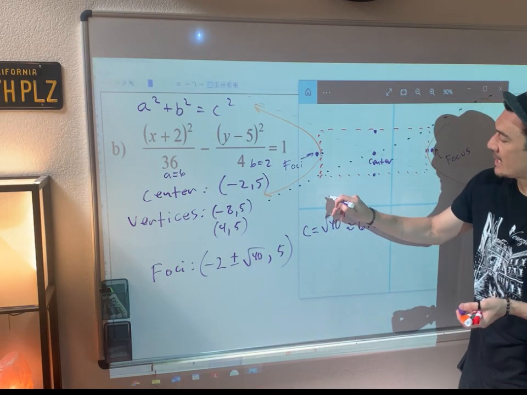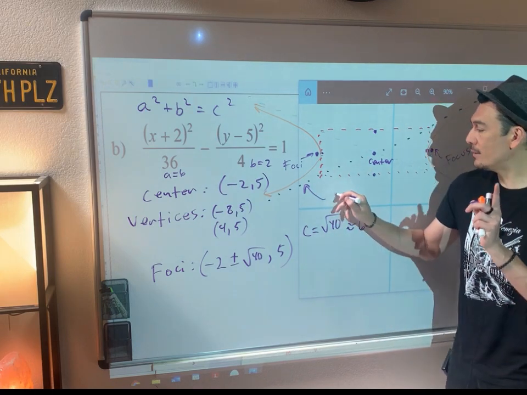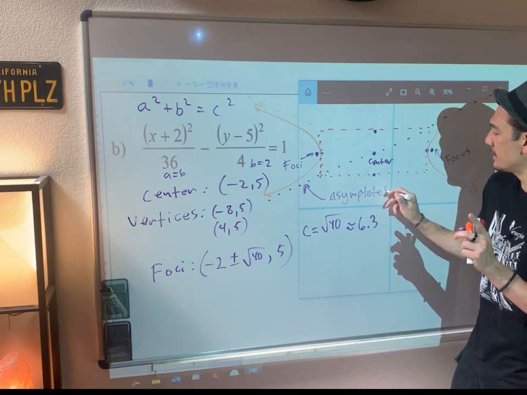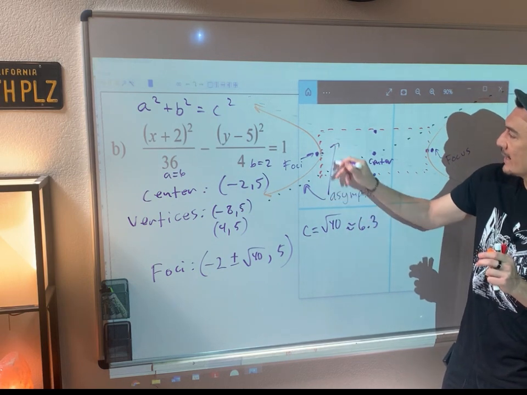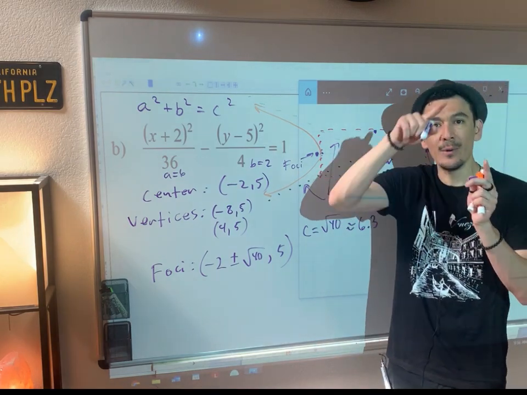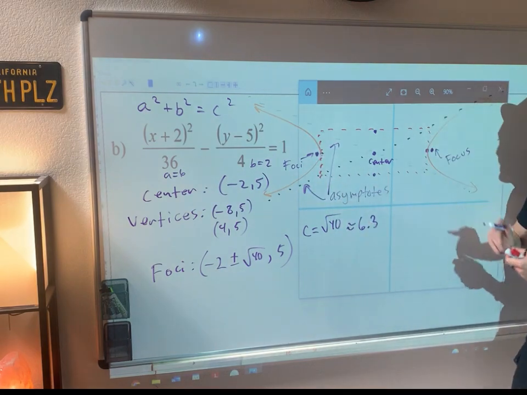And I also want to say before you guys go that these green diagonals, really what they actually are is these guys are the asymptotes, right? They're the asymptotes that we draw because they help us to draw within the lines, right? They give shape to the actual hyperbola itself.